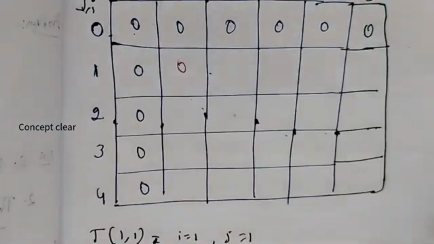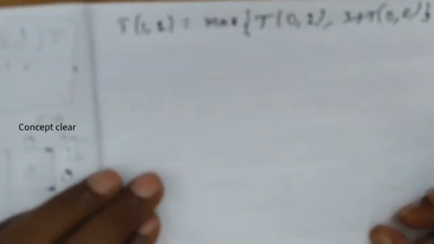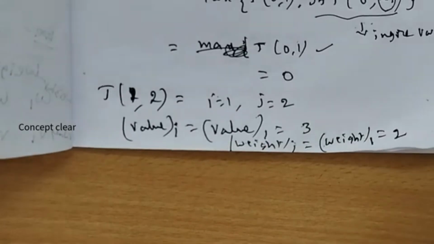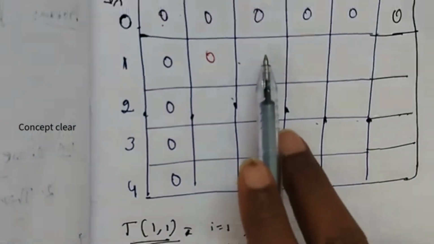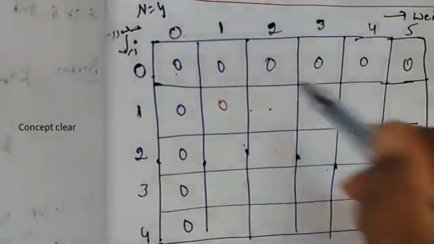We have to fill this value with 0. Same like that. After completing the first one, we have to calculate the T of 1 comma 2 value. This value has to be found.